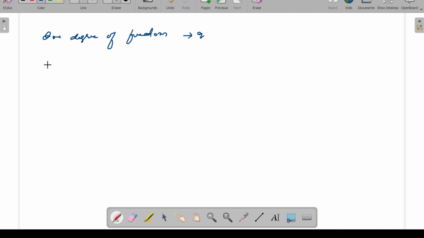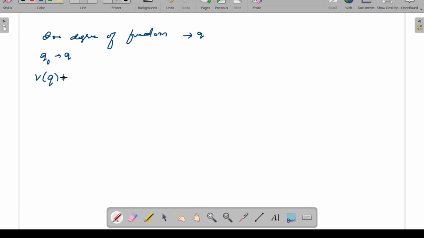Now for a small displacement from the equilibrium, let the equilibrium position be q0. For a small displacement from the equilibrium, say to the position q, the potential energy of the system at the position q, slightly away from the equilibrium, can be written in terms of a Taylor series expansion.